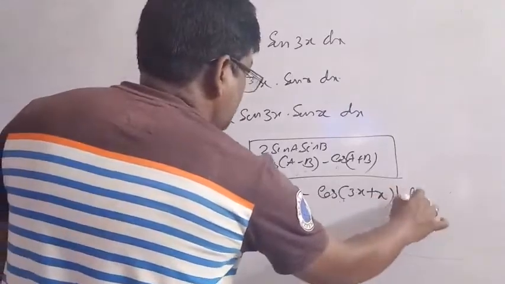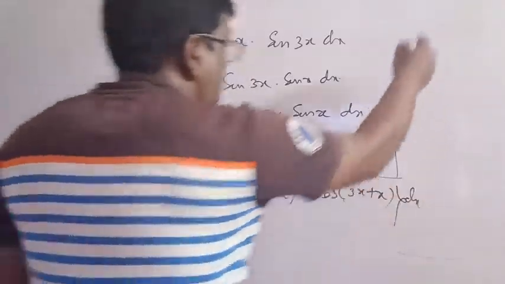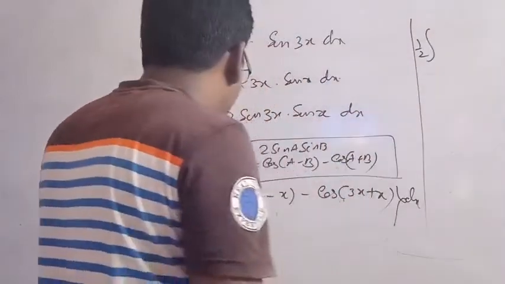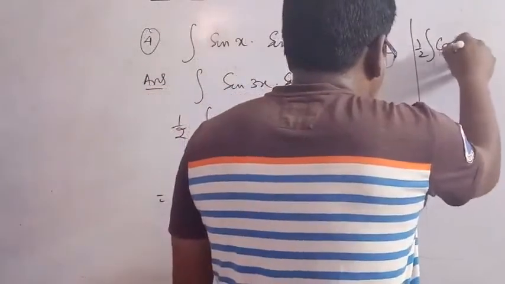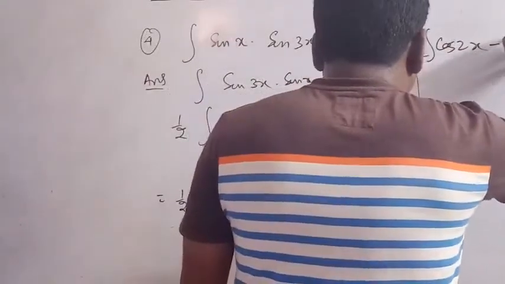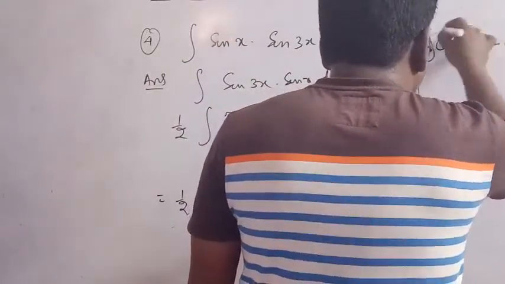So this is equal to 1 by 2 into integration of (cos 2x minus cos 4x) whole dx.